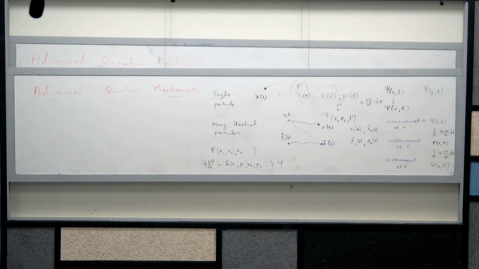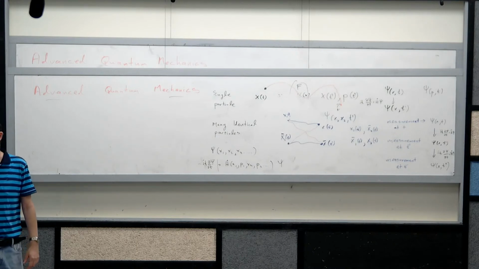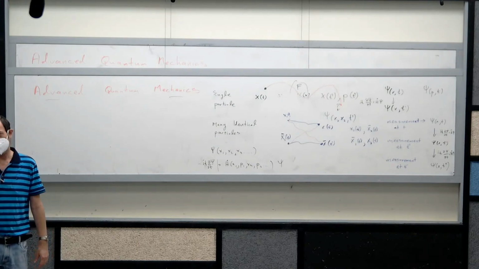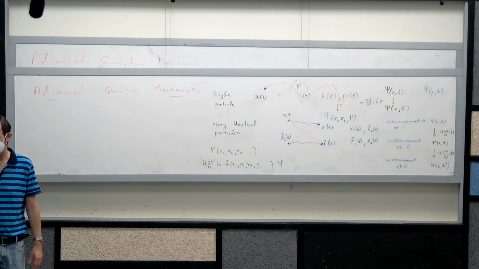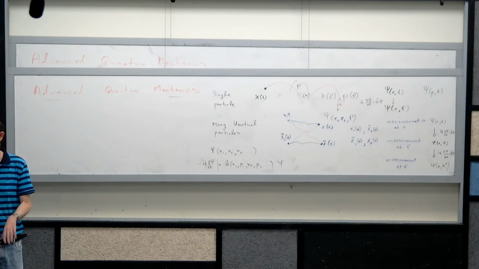They have a different mass. But electrons and positrons have the same mass. The only difference is that one has a positive and one has a negative charge. And that comes out from the Dirac equation.